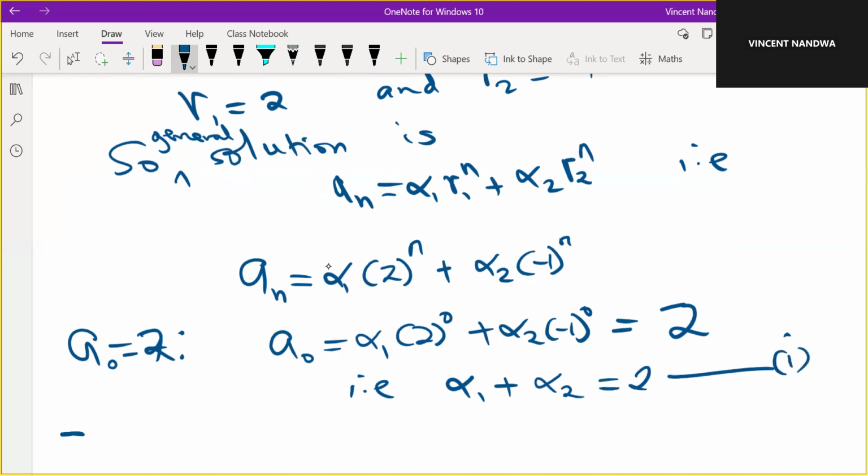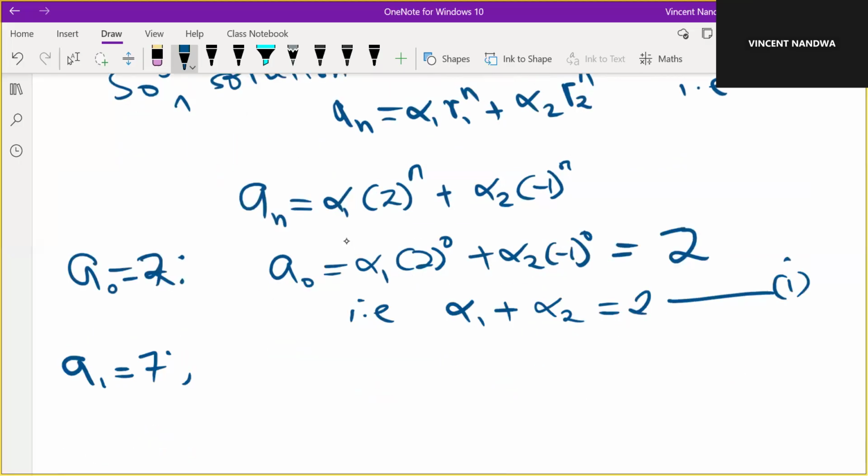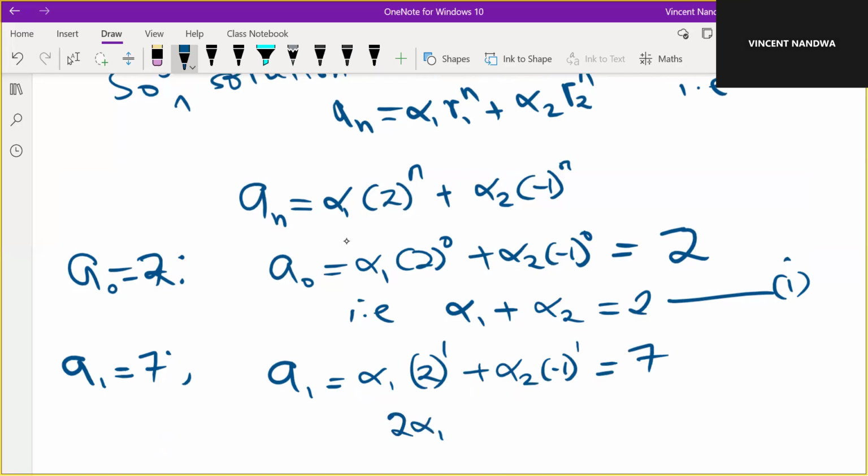And then we were told that a1 for this problem is 7. So where there's n in the general solution, put 1. We'll have a1 equals alpha 1 2^1 plus alpha 2 (-1)^1, which should be 7. So this will be 2 alpha 1 minus alpha 2 equals 7.